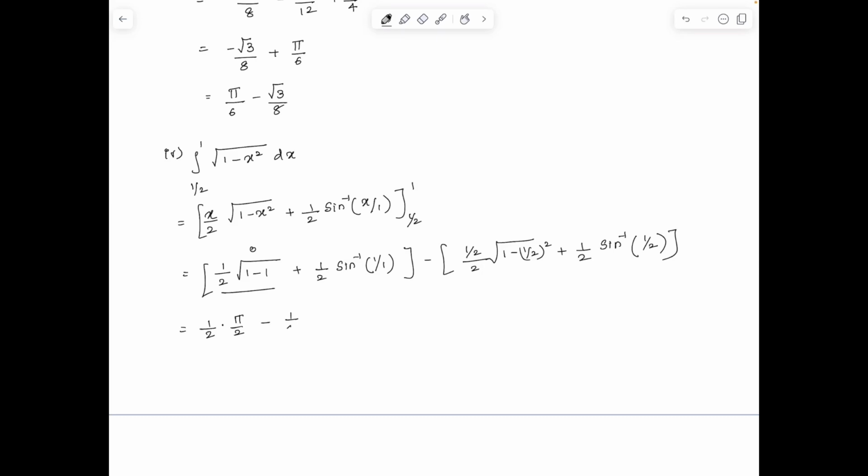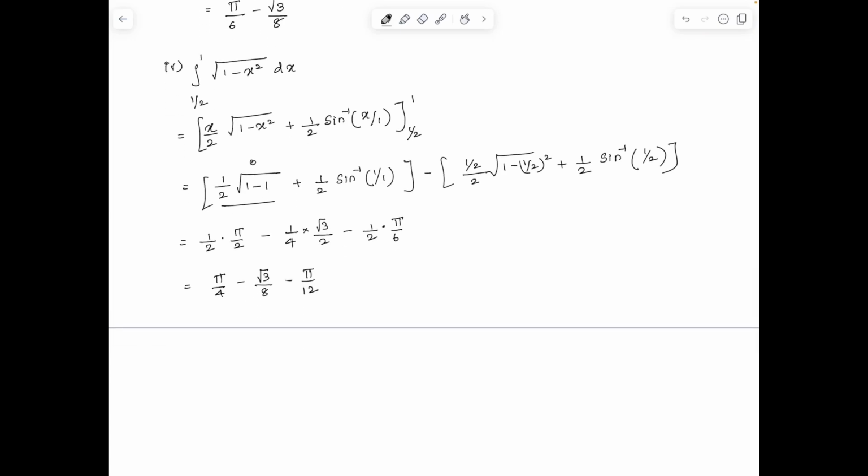minus 1 by 4 root 3 by 2. Again in the last term, 1 by 2 sine inverse of half is pi by 6, which is pi by 4 minus root 3 by 8 minus pi by 12.